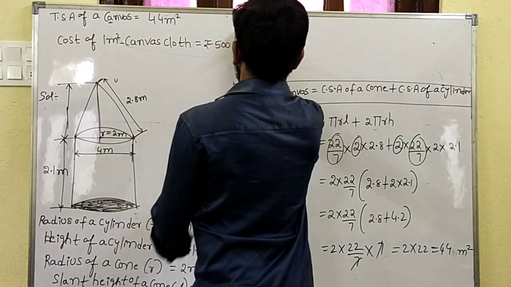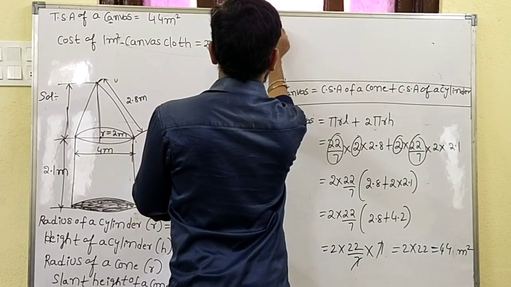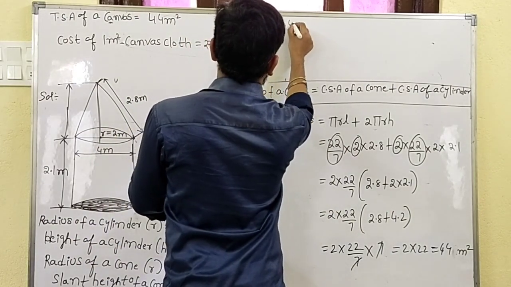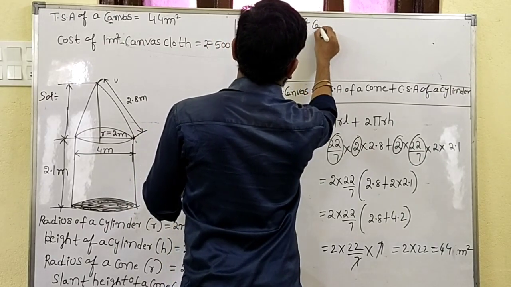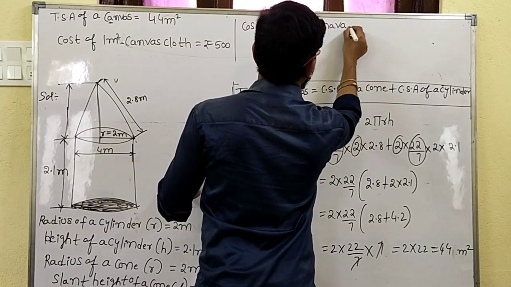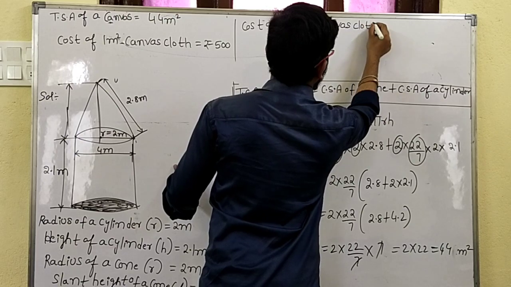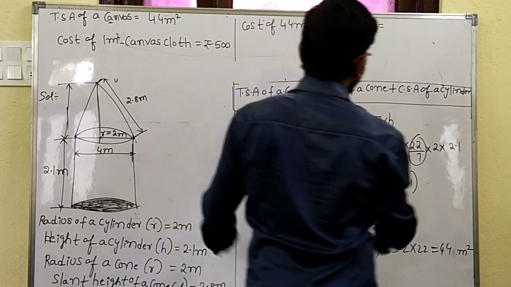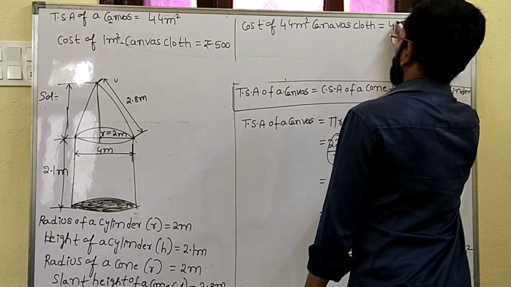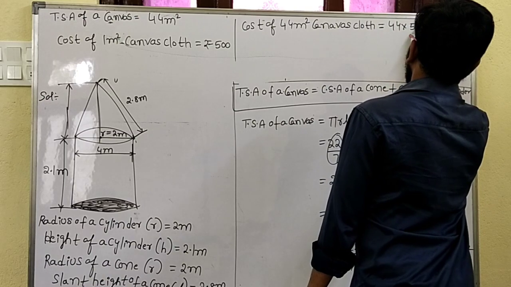Therefore they want the cost of 44 meters square of canvas cloth, which is 44 into 500.